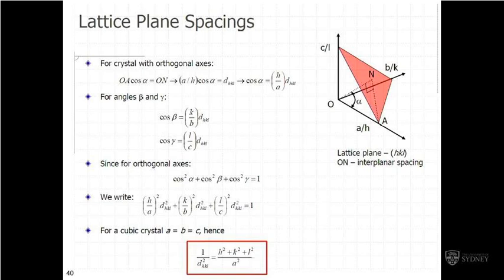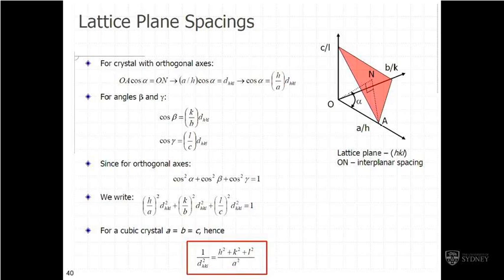And if you've got orthogonal axes, you have this relationship between the angles. That's just trigonometry, you can look that up and verify it. Cos squared alpha plus cos squared beta plus cos squared gamma equals 1. Then you just substitute what you have for cos alpha, beta, gamma, and collect them all up.